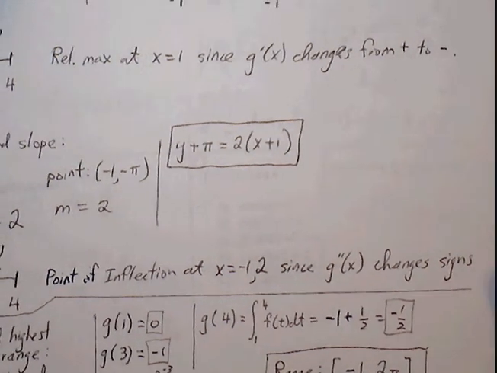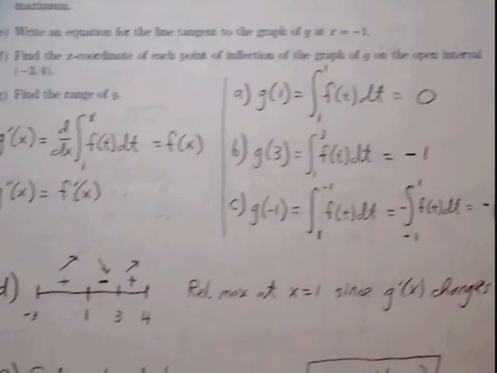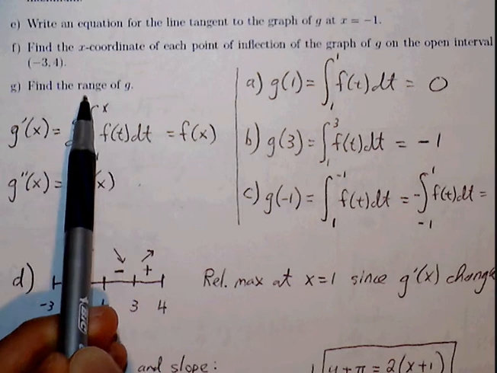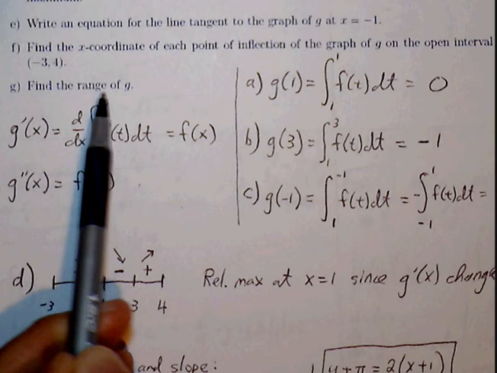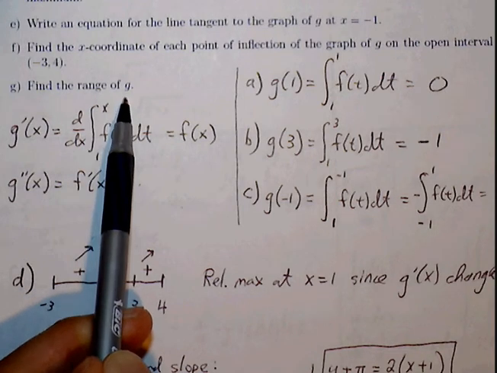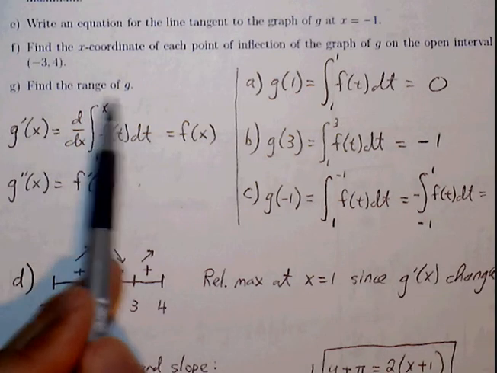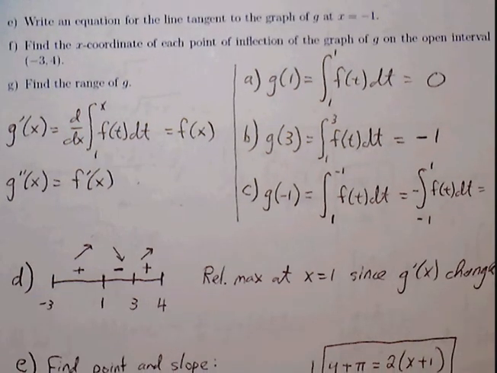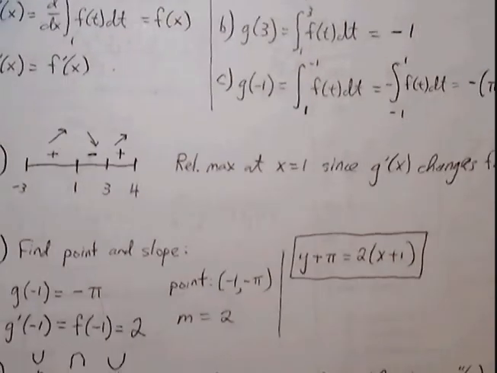Okay. Part G, find the range of g. In other words, we want to find the lowest y value and the highest y value for our function. If we want to find the lowest and the highest values, we're trying to find the absolute max and absolute min. And for that, we have to refer back to the extreme value theorem. So we have to test our endpoints as well as our critical points.